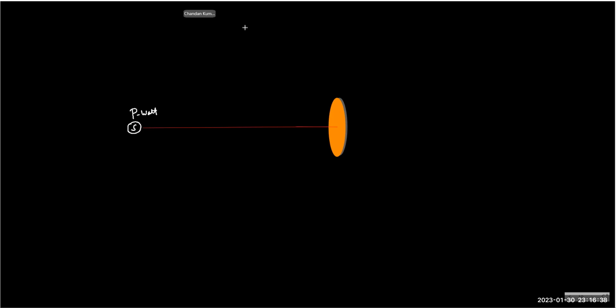Imagine we have a disk of radius r at a distance x from the source, right? So how much power is received by the disk?